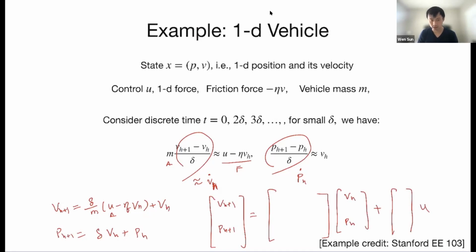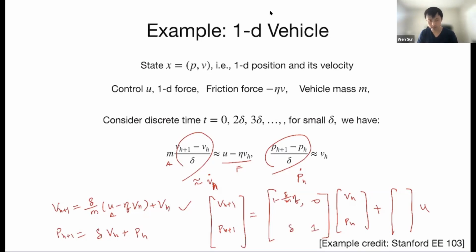Let's fill in the cells in this matrix. If we do some calculation, we can see that for v_{h+1} using this formulation, the first row is 1 minus delta over m times eta, and 0, and the second row is delta and 1.